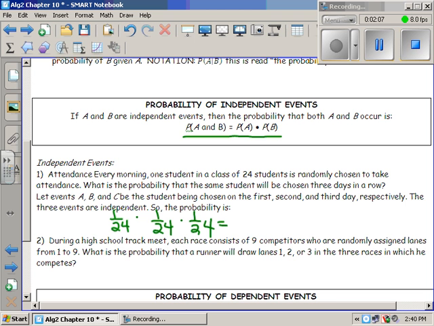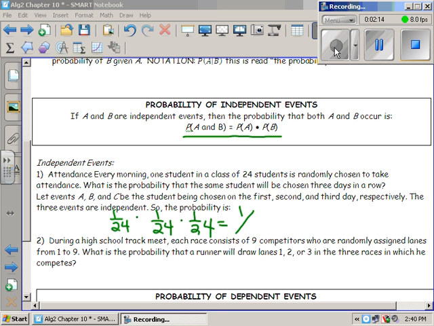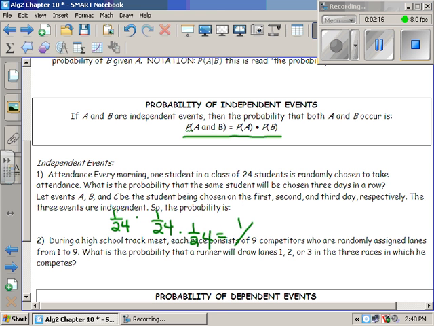So when I multiply those all together, I get 1 out of 13,824. Okay, so not so big a chance of going 3 times.